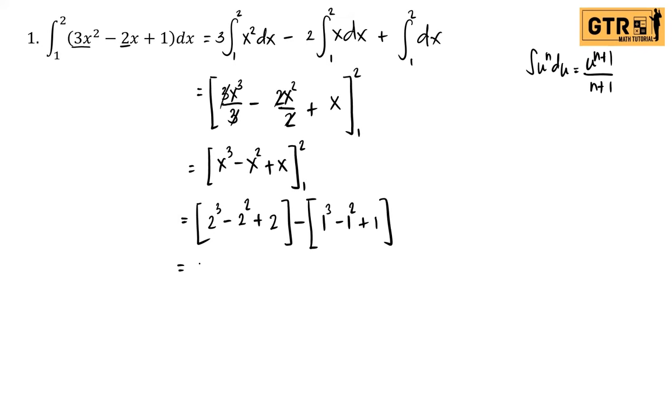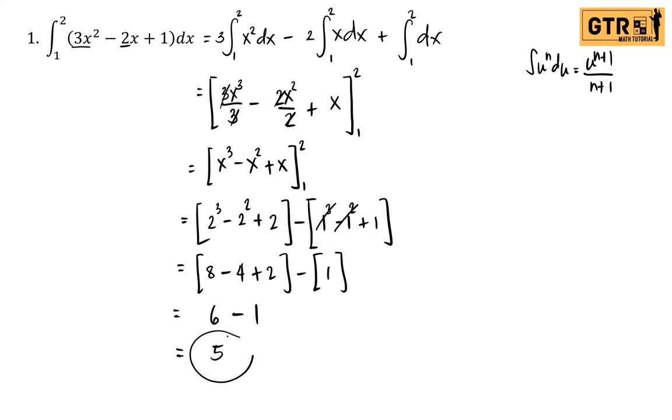Simplify: 2 cubed is 8, minus 2 squared which is 4, plus 2, and then minus 1 cubed is 1, minus 1, so we can cancel this. What's left is the positive 1. So 8 minus 4 is 4, plus 2 is 6, and then minus 1, the final answer is 5.